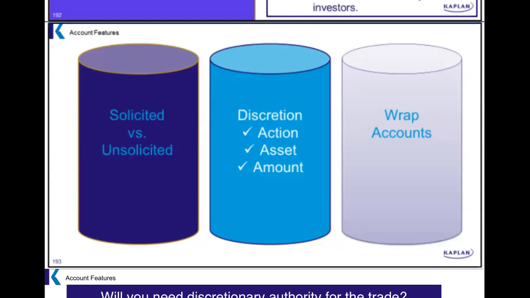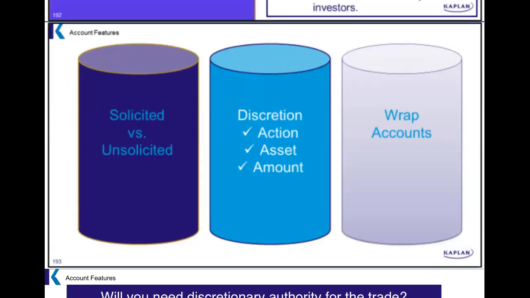A wrap account is any time that we're referencing a type of account where there is a fee-based charge. That fee wraps around the entire account. This is not a sales charge. This is not a commission. This is a fee that would be permitted to be charged.